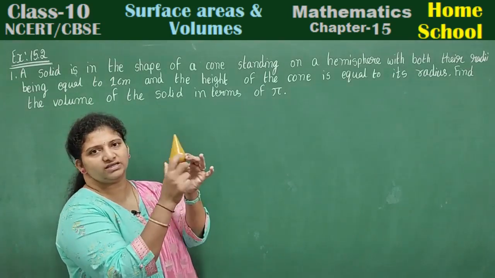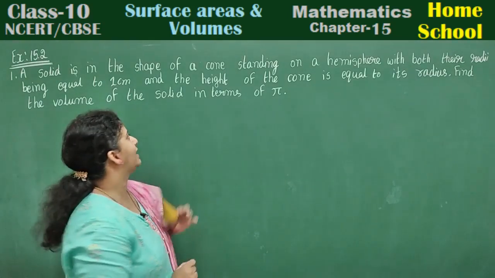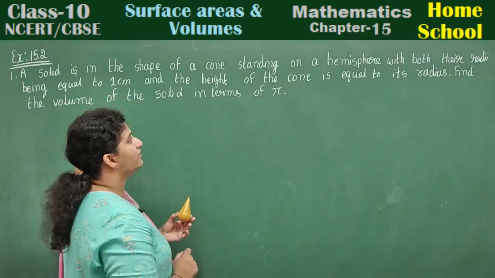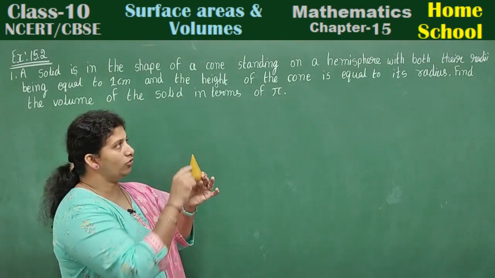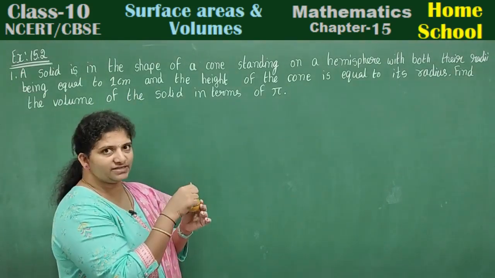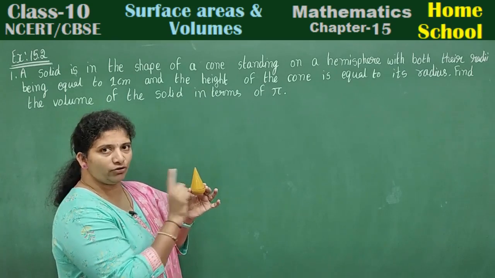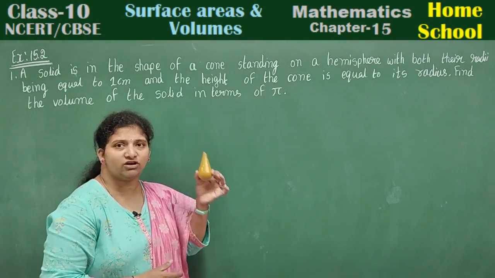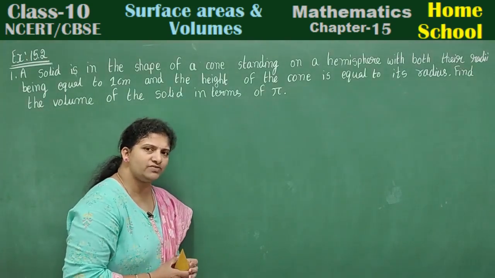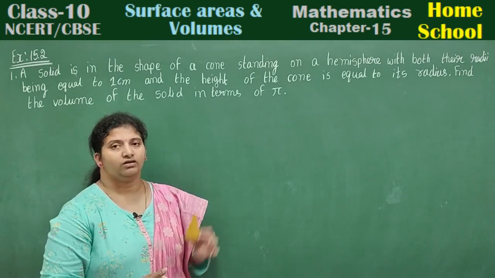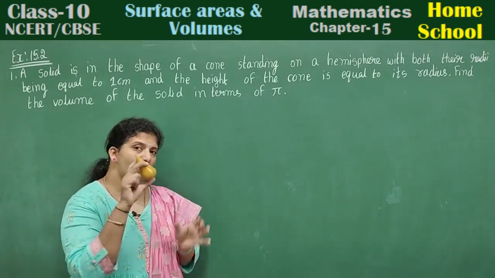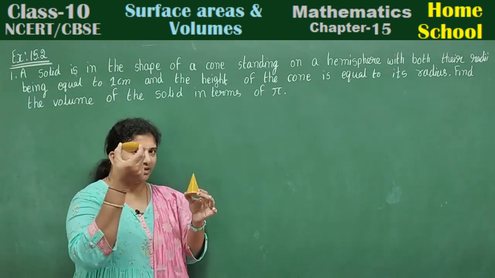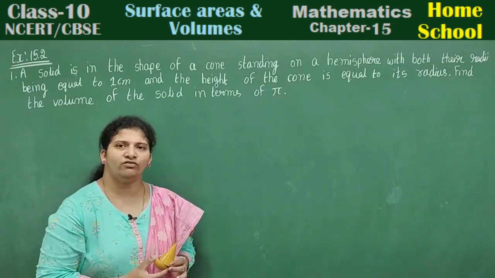Both of these solids' radius is equal to 1 centimeter, and the height of the cone is equal to its radius. Radius and height of a cone are equal. Find the volume of the solid in terms of pi. In terms of pi means we should not substitute the pi value. Okay, to find the volume of this solid, what is the formula you need to take? Volume of hemisphere plus volume of cone.